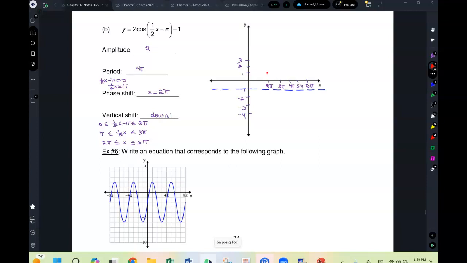So here, 2 units up right there. Then I go to the x-axis, oh sorry, the horizontal axis. Because it's a cosine, you start away from the horizontal axis. Is that bottom point at -3? -3. Okay?